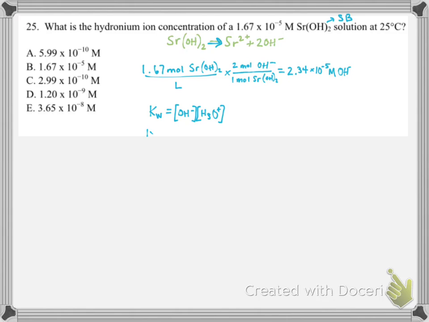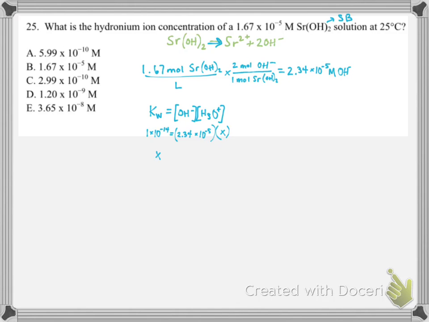So 1 times 10 to the negative 14th is going to be equal to 2.34 times 10 to the negative 5th times X, or hydronium ion concentration.